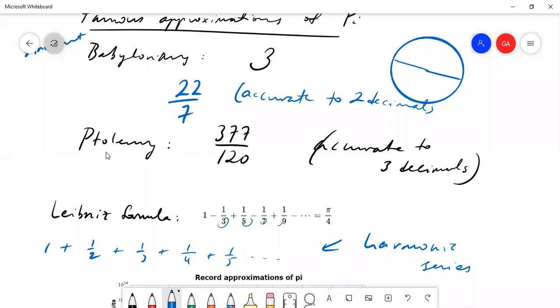Anyway, the harmonic series by itself does not converge. That's worth knowing. If you added up all these numbers and you went to infinity, that number does not close off. It diverges. So you exclude the even terms, and then you alternate your signs, and you get pi over 4.